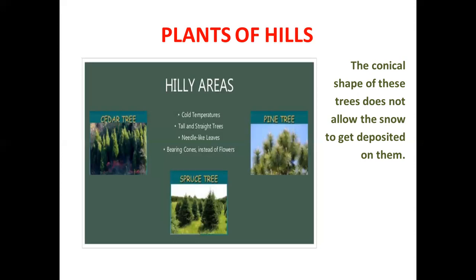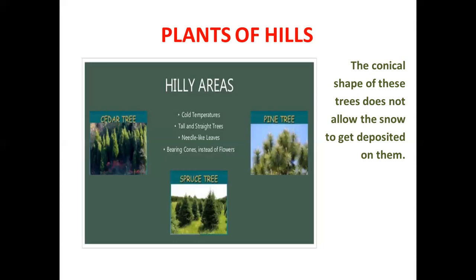If you observe the leaves of these trees, the leaves are narrow and needle shaped. We know that already the trees are conical shape, and the conical shape of these trees does not allow the snow to get deposited on them.